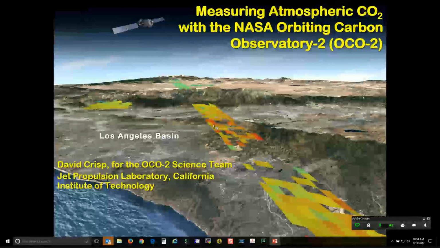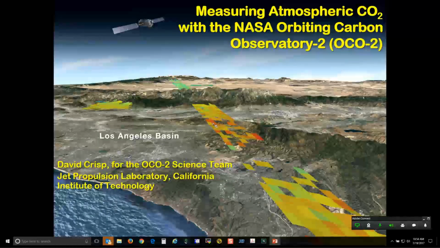You can see them here. So basically, they have finite size, and we actually have a requirement to align those footprints to within about half a footprint in terms of geolocation. Over complex terrain, that's an issue.